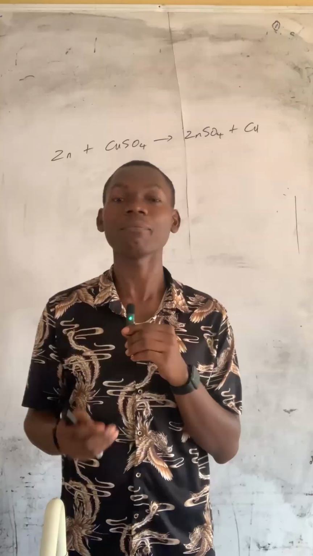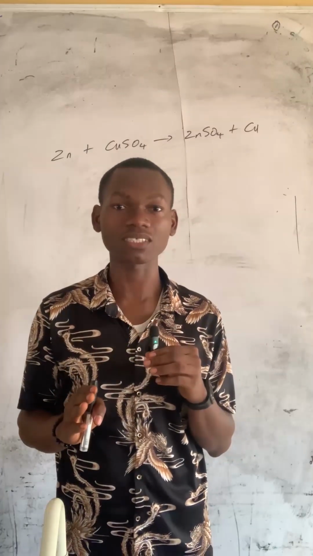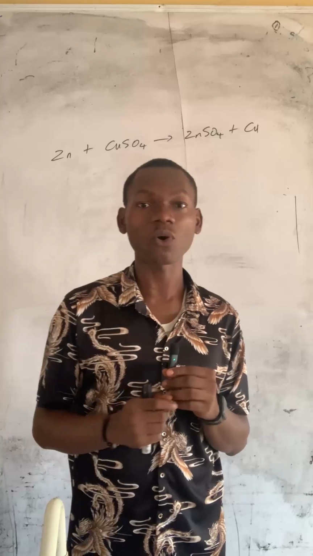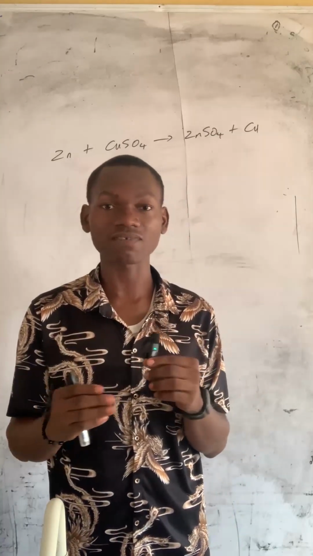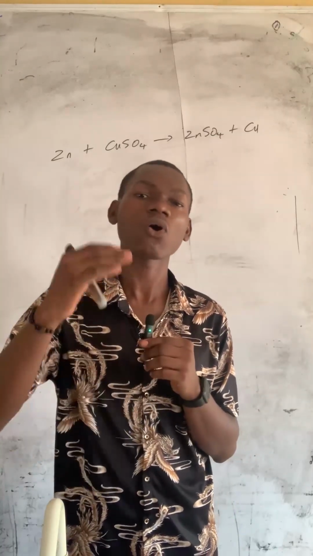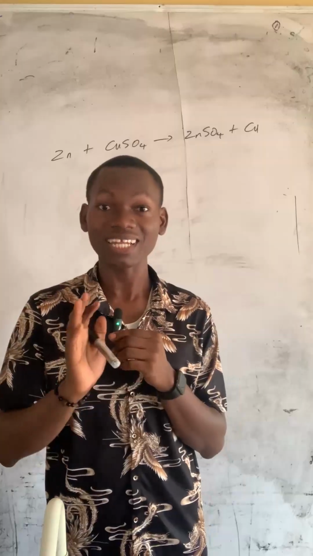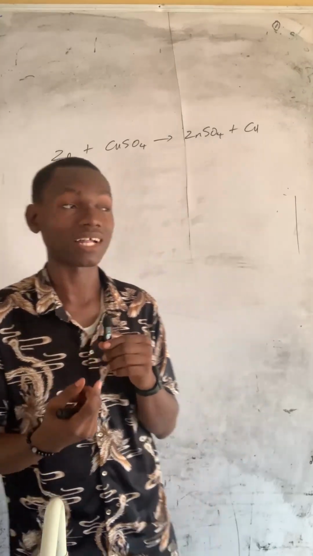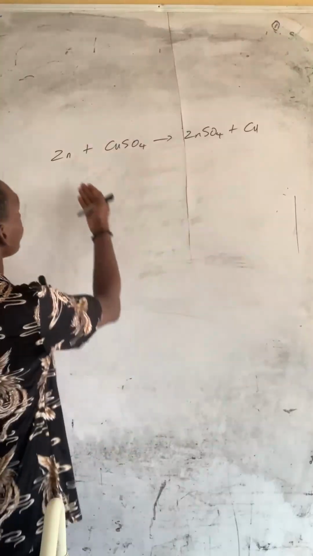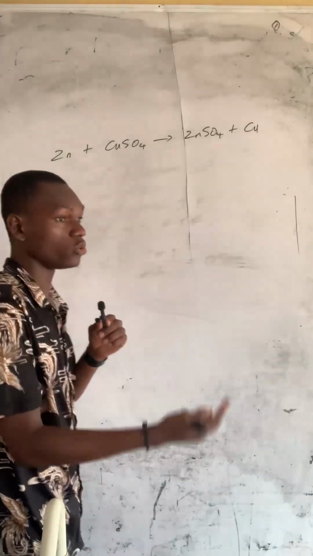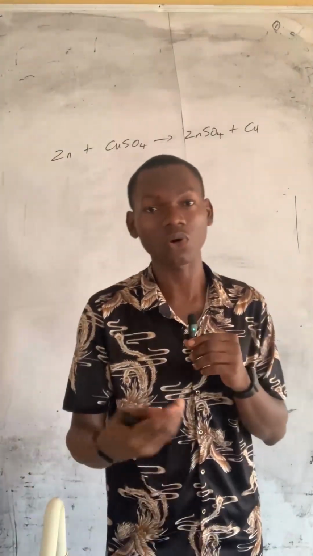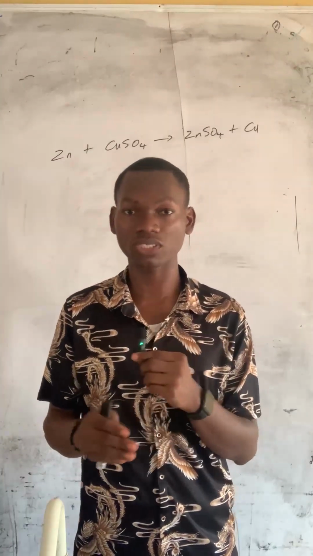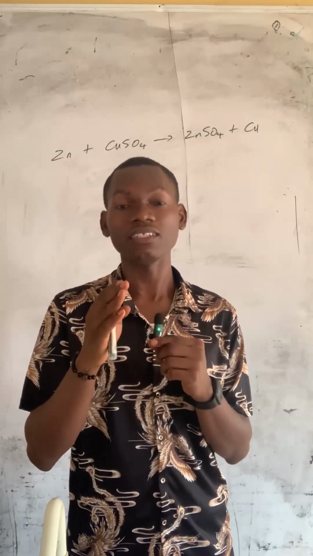Reduction and oxidation can be defined in three different terms. In terms of hydrogen and oxygen, that's number one. In terms of electron transfer, that's number two. And in terms of oxidation number. Let me define it clearly, and then we will adopt one of them to tell which metal is reducing or oxidizing.